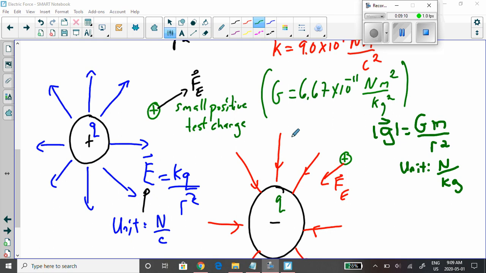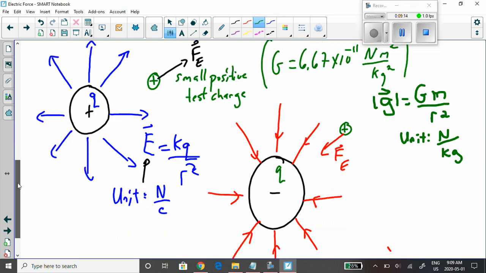All right, so in a way very similar to gravity, we can say that if you have a particle, an object, and there's a charge on it, just like we can say, hey, there's an object and it has a mass, m, but now we're going to say here's a particle or an object and it has a charge q, but now we have to make a decision. Is it a positive charge or a negative charge?